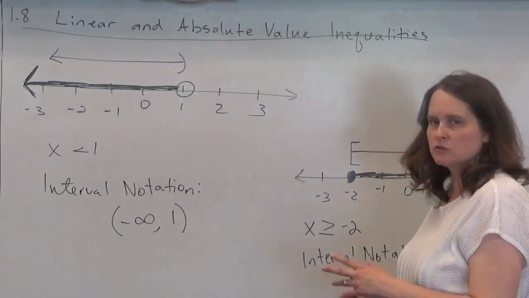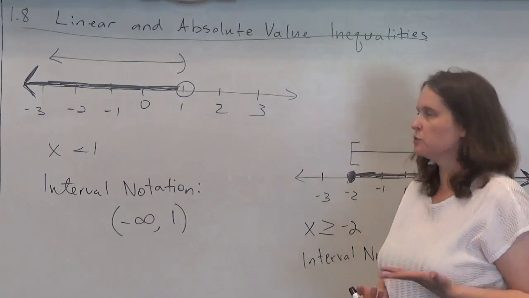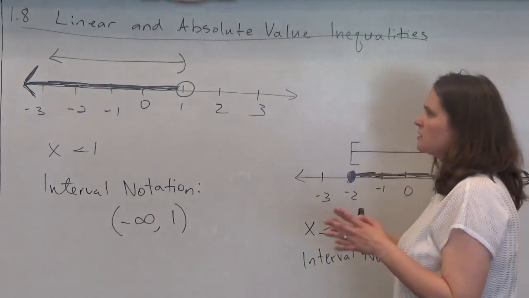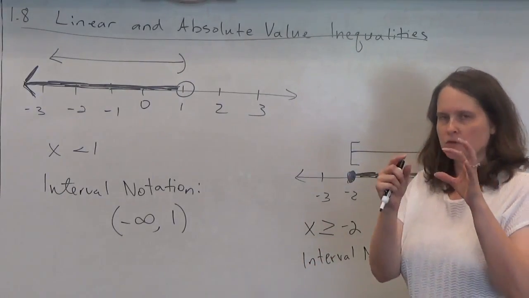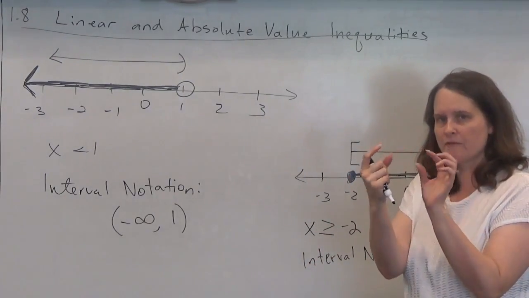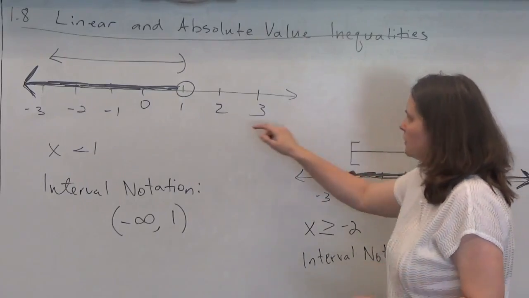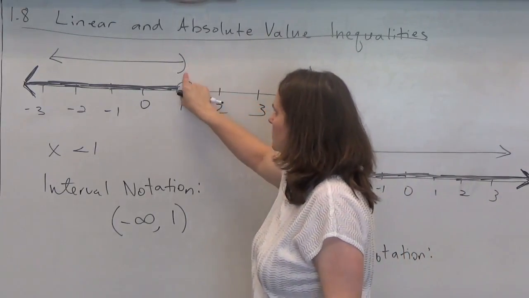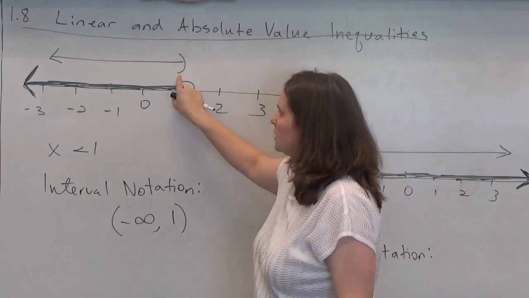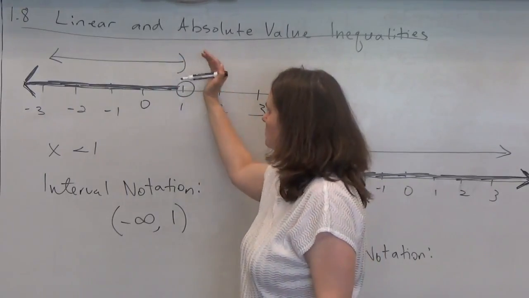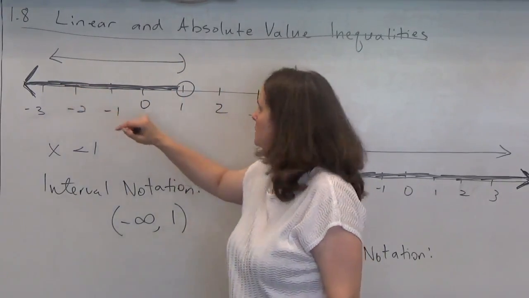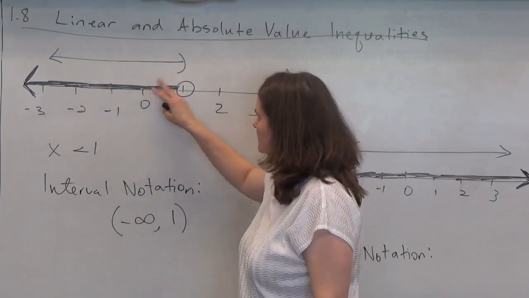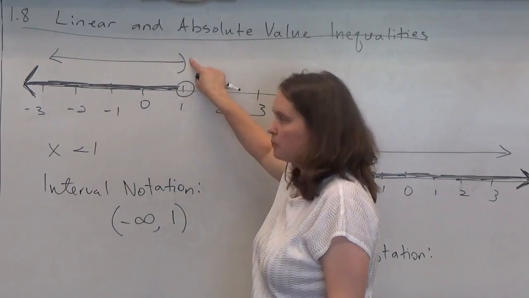Try not to get confused using those new symbols. Try not to worry about what direction to have your symbols in, because the symbol is always going to enclose or surround the area that's been graphed. So if you graphed everything on the left side, then you're going to use the symbol that points to the left side.